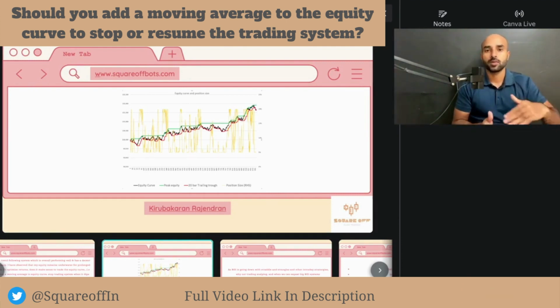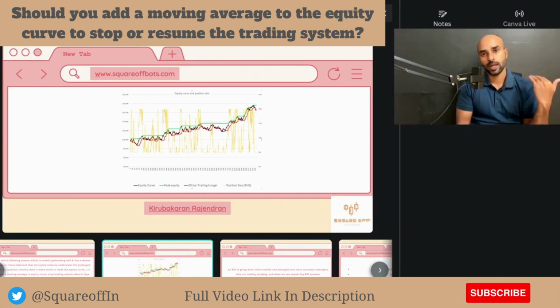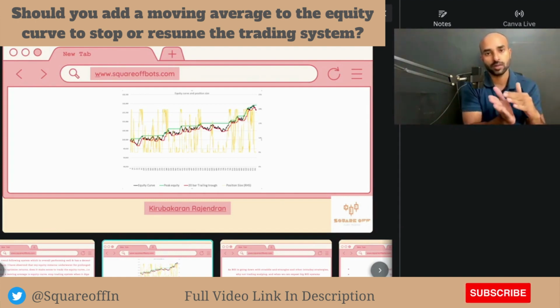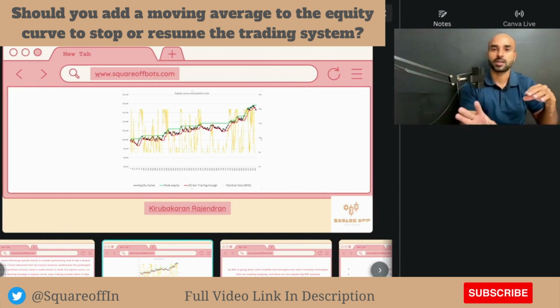Sometimes if our strategy is out of sync with the markets, then it obviously gets into a drawdown phase. So he wants to know, if we apply a moving average to the equity curve and see, okay, this is going below the moving average, which primarily tells me my strategy is out of sync with the market, so I want to switch off my system for now.